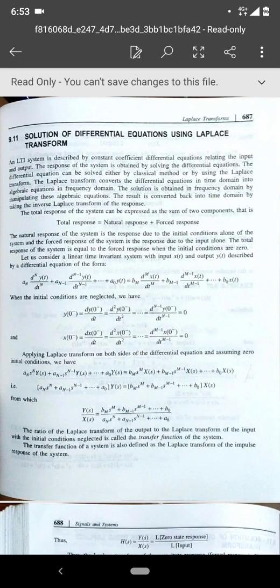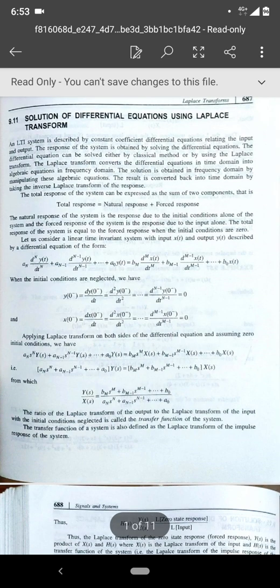Today we'll see the solution of differential equations using Laplace transform. In the last video, I gave in detail how to take the inverse Laplace transform using partial fraction expansion. That is, we are expecting three types of roots for the system.